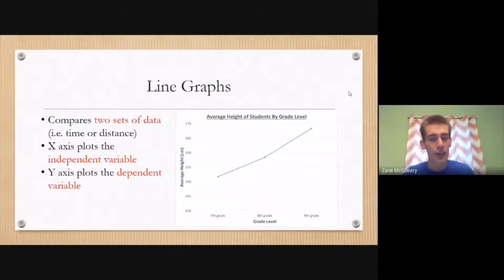In this case, for example, it's the grade level that determines height, not the other way around. Your height is dependent upon your grade level. Just because you're tall doesn't mean we automatically promote you to high school. Just because you're short doesn't mean you're always stuck in elementary school. So that helps you identify independent and dependent variables.